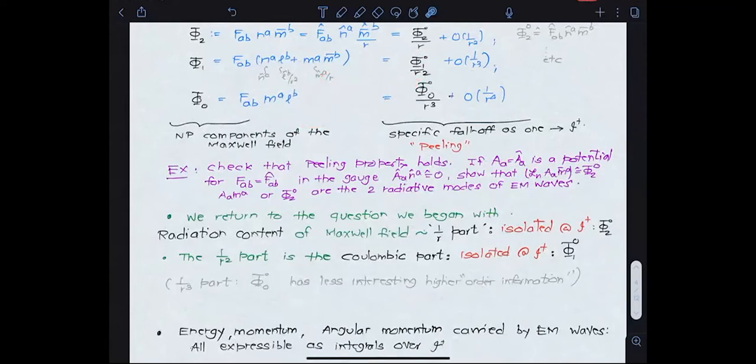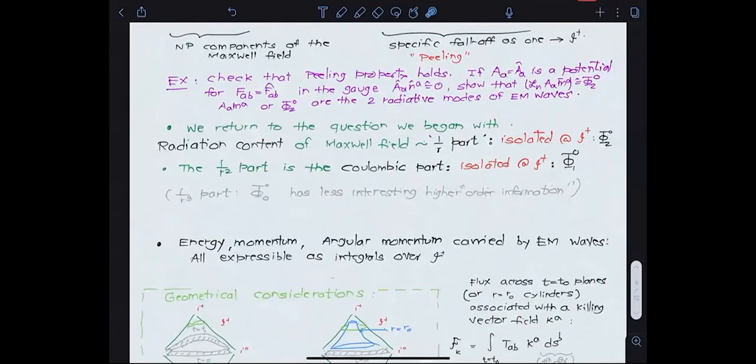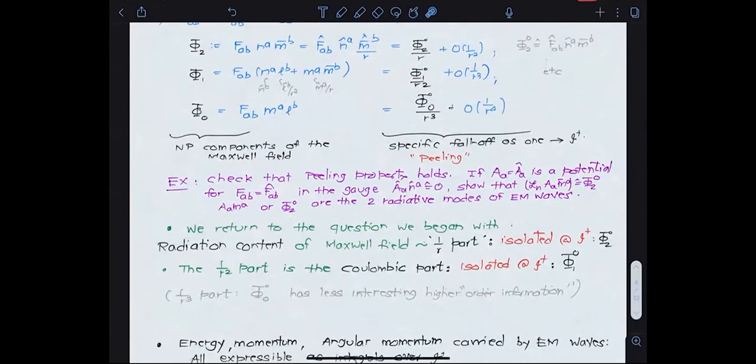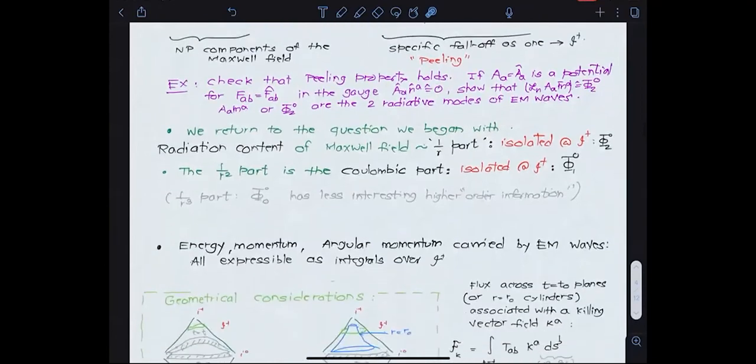All the information of the charge is contained in this phi 1 naught. So the Coulombic part is in phi 1 naught and the radiative part is in phi 2 naught. Phi naught naught, the last component, falls like 1 upon R cubed, and it has information which is less interesting because it is really higher order information. It's useful, but for our purposes, it is less interesting.